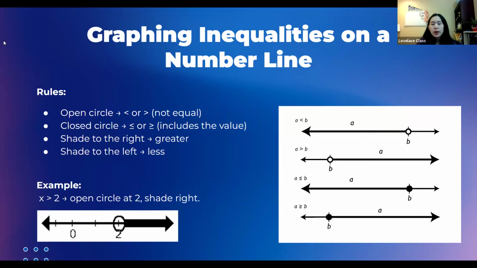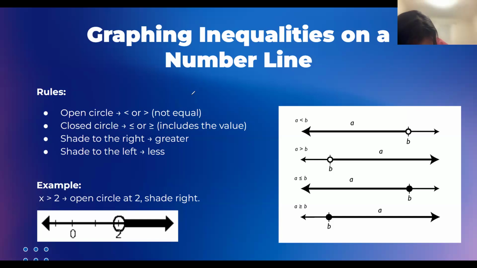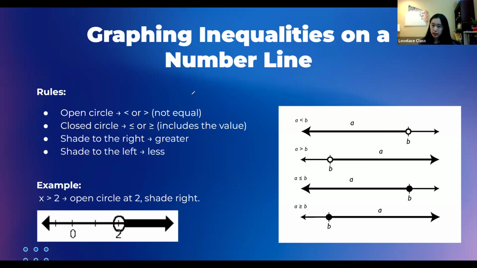The way of thinking about this is how a number line works. If we have a number like 2, all numbers to the left of 2 are less than 2, and all numbers to the right of 2 are greater than 2. To show x is greater than 2, we show all numbers to the right of 2, because all those numbers are greater than 2.